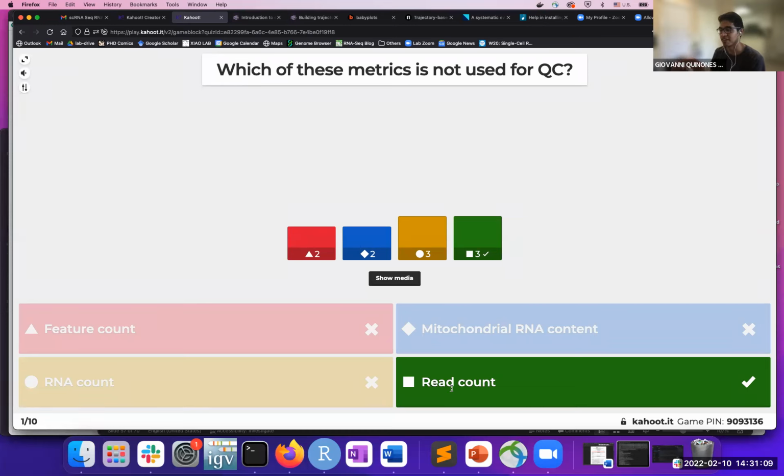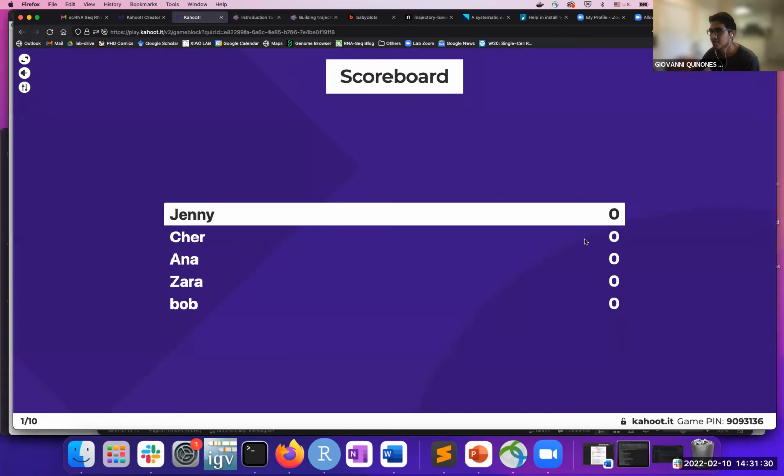So you only care about the number of RNA molecules and not really the number of reads, at least when it comes to quality control. There are exceptions, but generally people care about RNA count. Okay, let's move on to the next question.